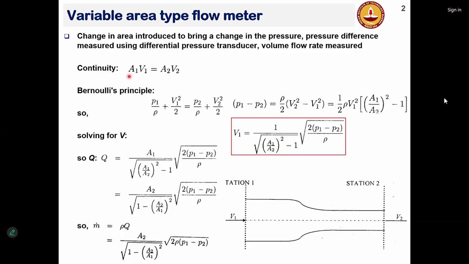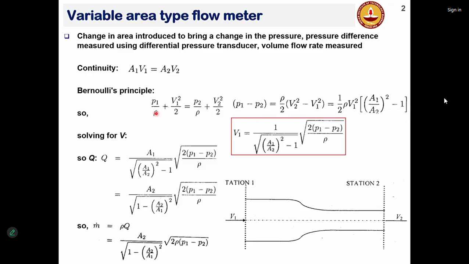So V2 will be A1 divided by A2 into V1. So if I substitute for V2, then now you have V1 square here, V1 square there. So V1 square comes out. So you have half rho V1 square whole into A1 over A2 whole square minus 1.